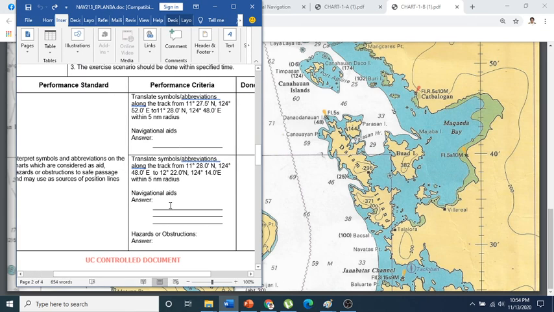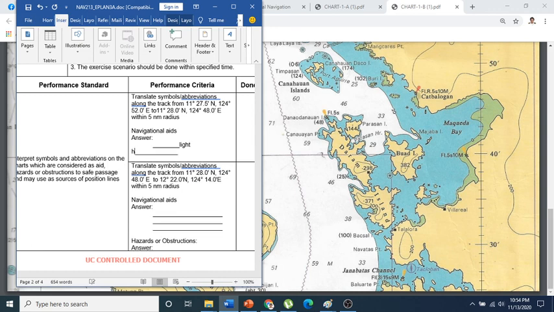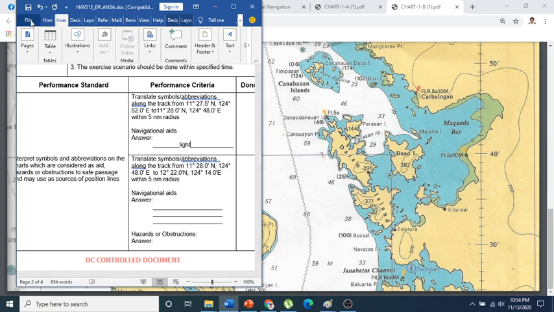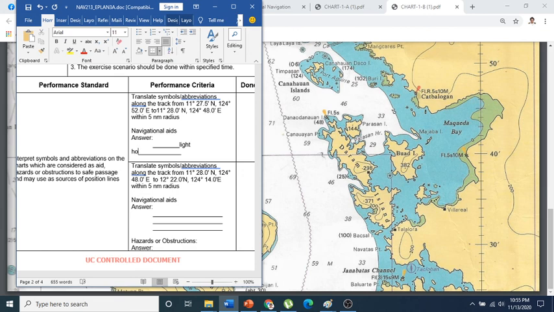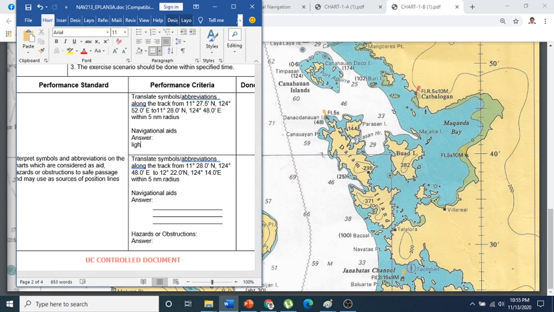For example, I will write lighthouse, and I'll be answering lighthouse with Fl 315 S 9 meter. So this is the navigational aid. Okay, so this is the answer here.